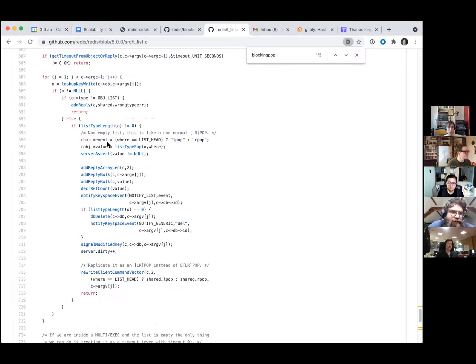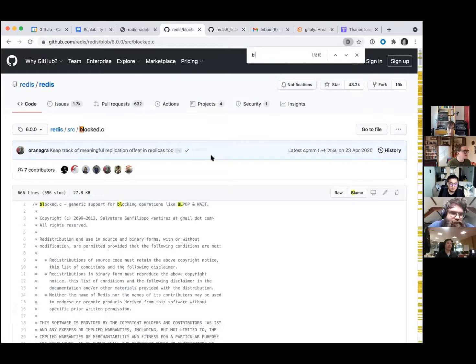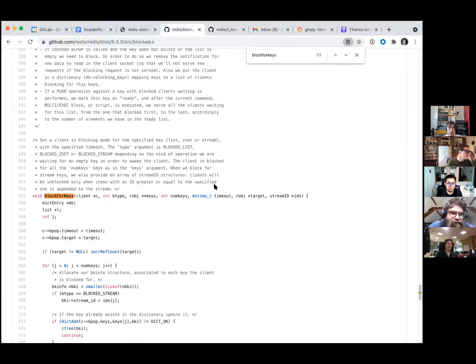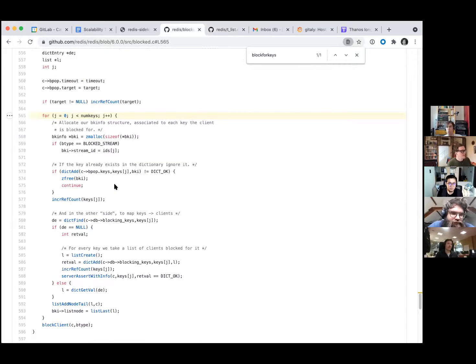And if the key exists, then it tries to get work off the key and returns early. And if not, it goes into this block for keys function. And again, that does a loop over all the keys. So that's roughly the call stack of blocking pop generic command.